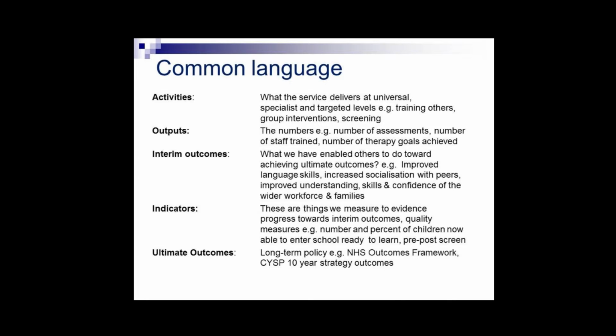And usually they're population based. So taking dementia, there was the Prime Minister's challenge on dementia. You could look at those as some examples around ultimate outcomes. However, if you were creating a theory of change that was more local, your ultimate outcome might be more service-based and more defined by your local commissioner, and that's absolutely fine.